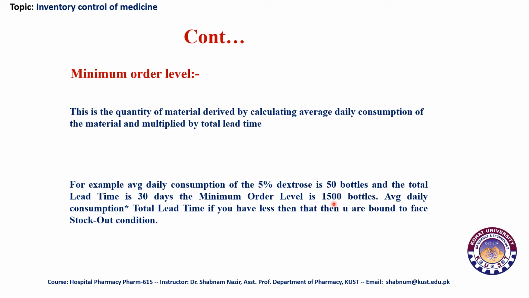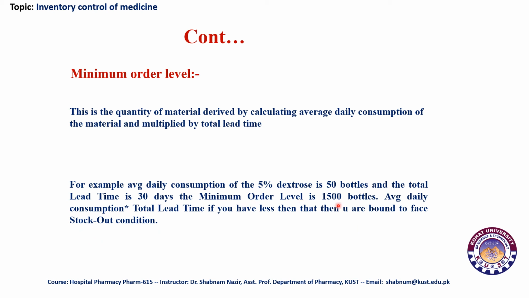So it is very easy to calculate if you know in how much time a certain item would be received and what is the daily consumption of that item. You will multiply the both and you will get the minimum order level. Now what is actually meant by the minimum order level? It means that if you have less than that, then you are bound to face the stock out condition.